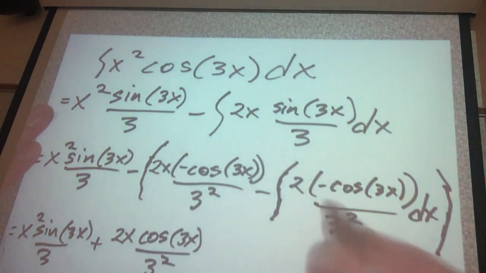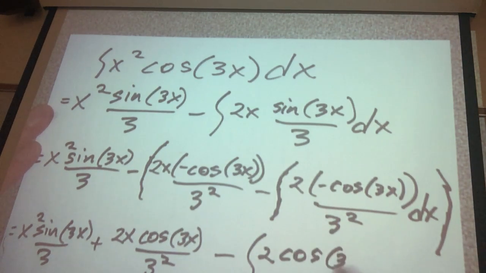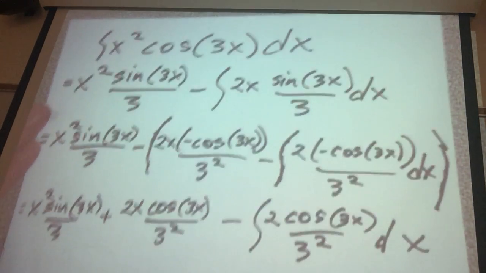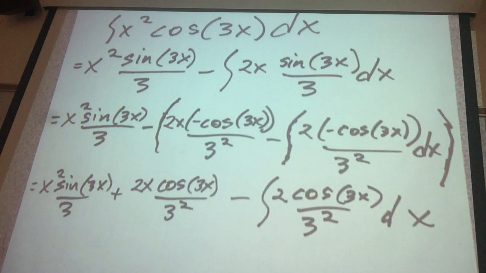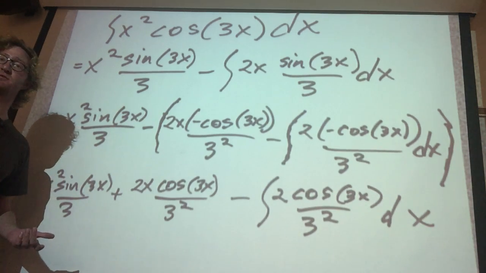Negative, negative, negative, so we have 3 negatives, and so that's minus the integral of 2 cosine of 3x divided by 3 squared, and this is an integral with respect to x. Okay, and now you've completely decayed the polynomial, and the 2 and the 3 squared on this one are just constants, so at this point we can just integrate cosine of 3x.